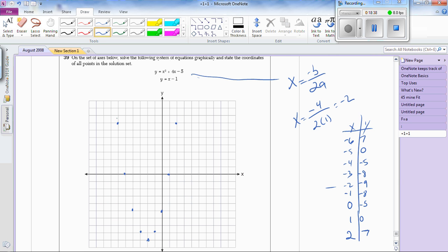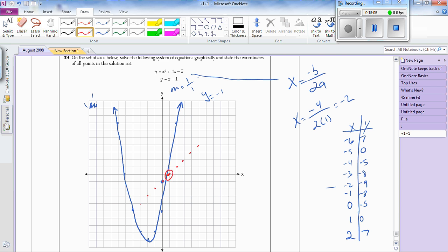So 2 of these points will be the answers. This is a slope of 1 over 1 and the y-intercept of negative 1. Let's do it in a good color. Up 1 over 1 is one of my answers.